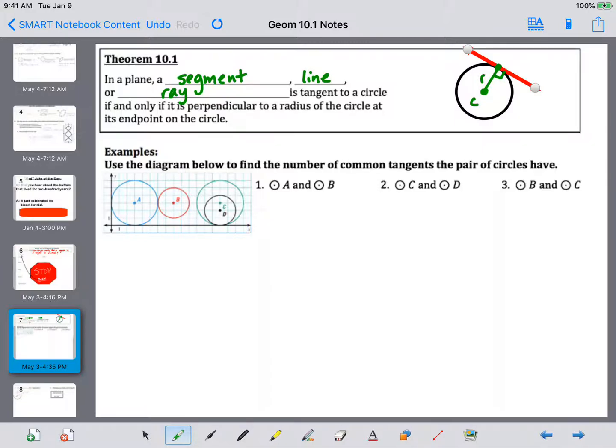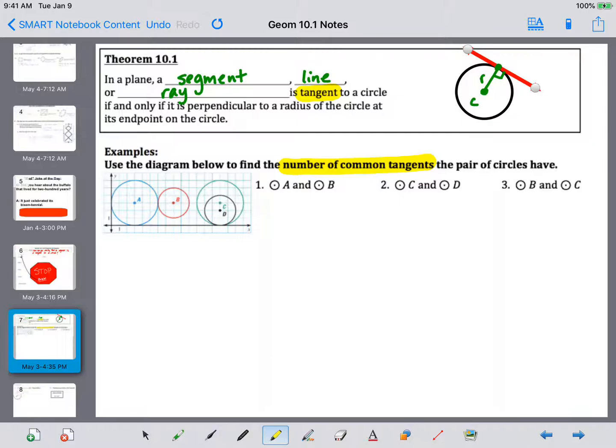All right, so let's dive a little bit more into what this word tangent means. Tangent just means things touch at one point and one point only. And we're going to use this diagram below to find the number of common tangents that the pairs of circles have.